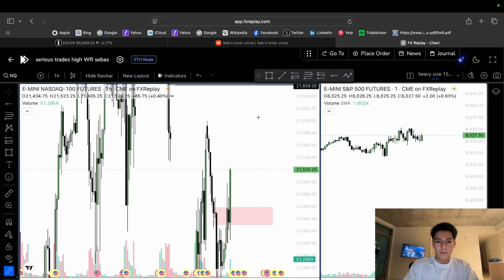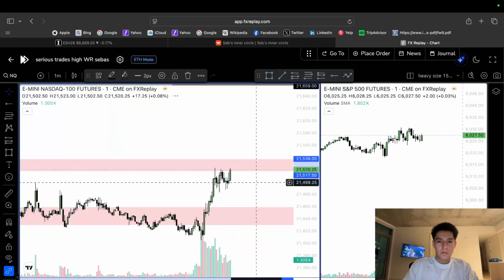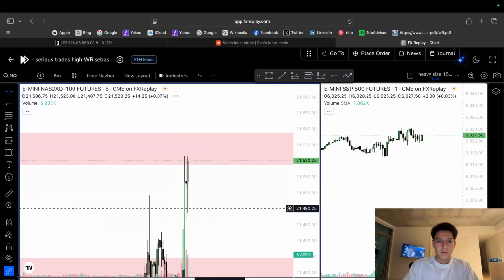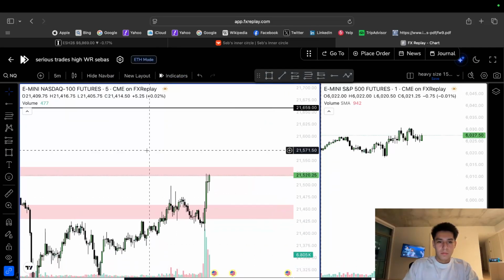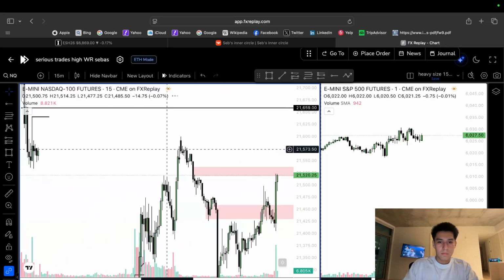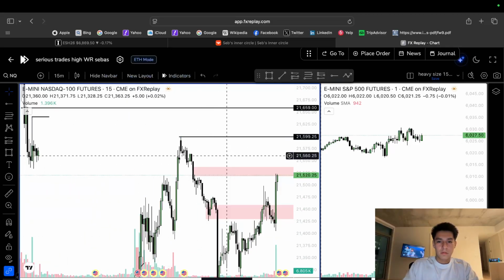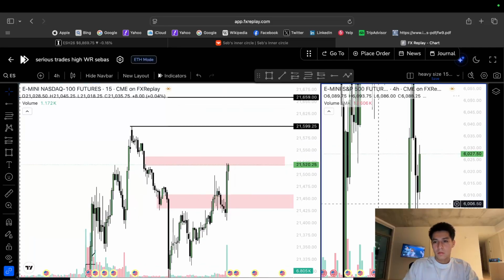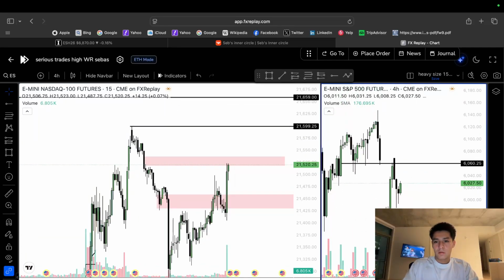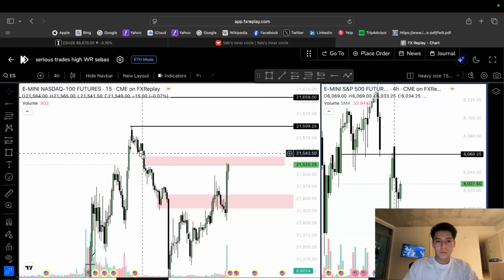So I'm not really super strong on biases, since you don't want to be stuck on a bias and stuff like that, but you kind of just want to react to price. 4 hour. All right, so NQ is definitely more bullish here.